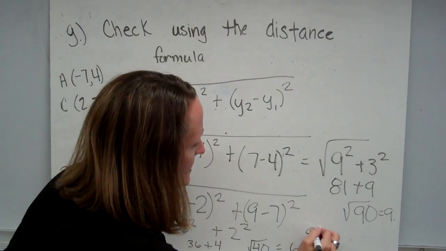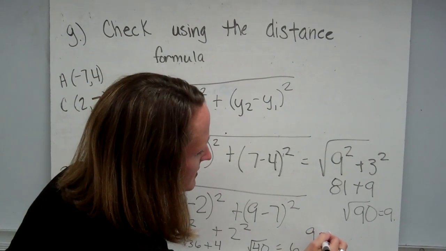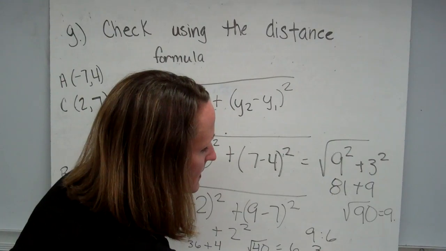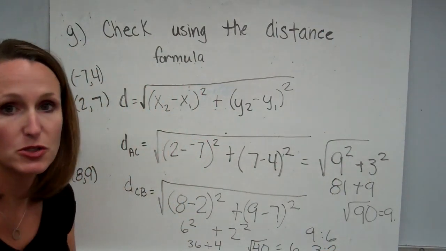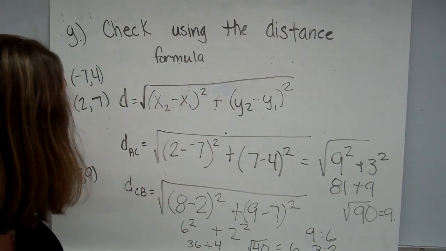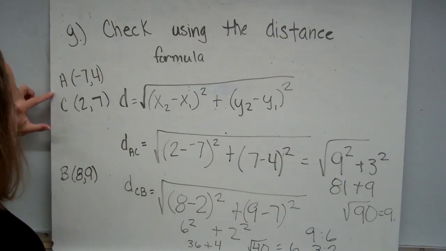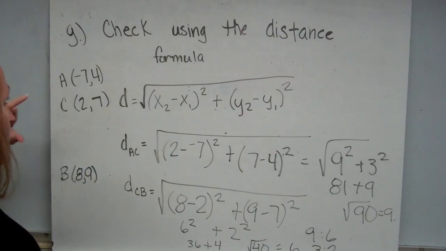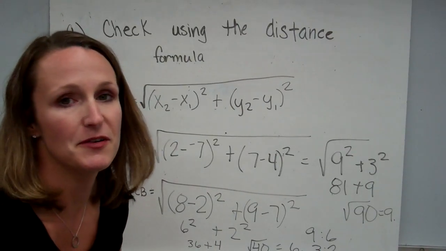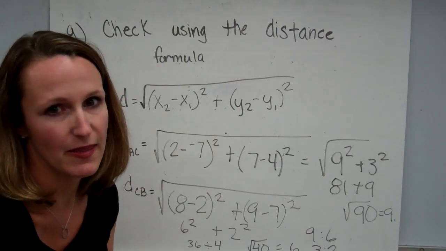And if we related 9, we'll drop the point something to 6. What do we get? 3 to 2. So we have proven that A to C and C to B have a ratio of 3 to 2. Now, you have another problem in your notes. I want you to try that one on your own.